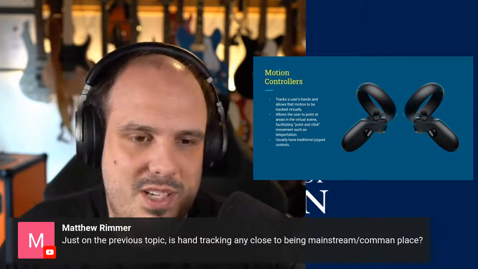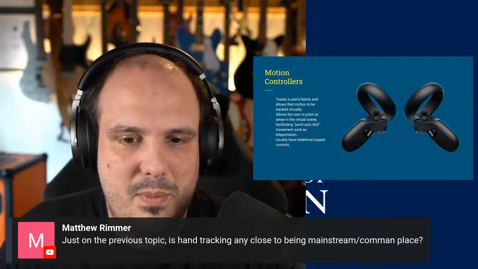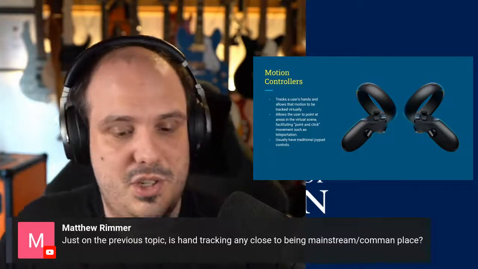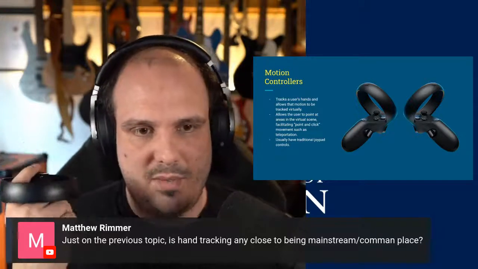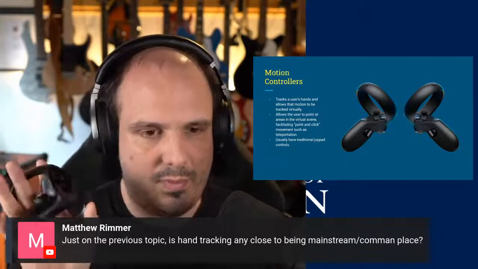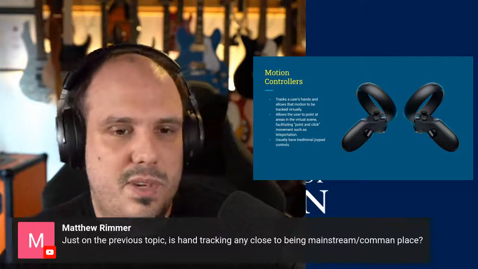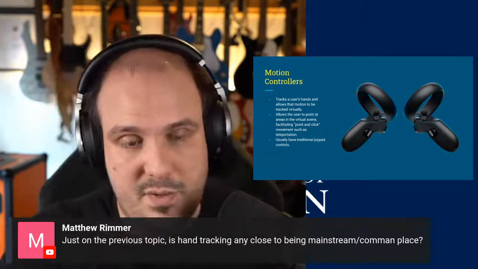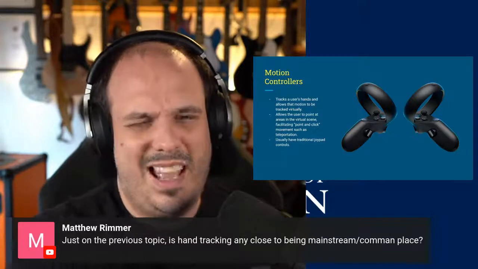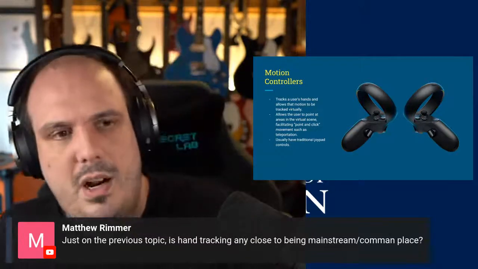The question is whether it's going to become more mainstream in other applications. And the reality is, I don't necessarily need to be using VR to use these. But we haven't really seen many examples of other applications of hand tracking outside of VR.